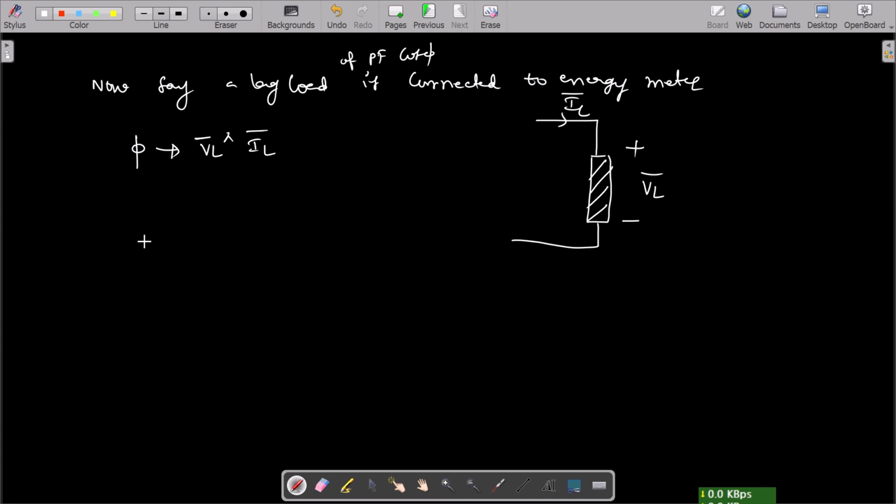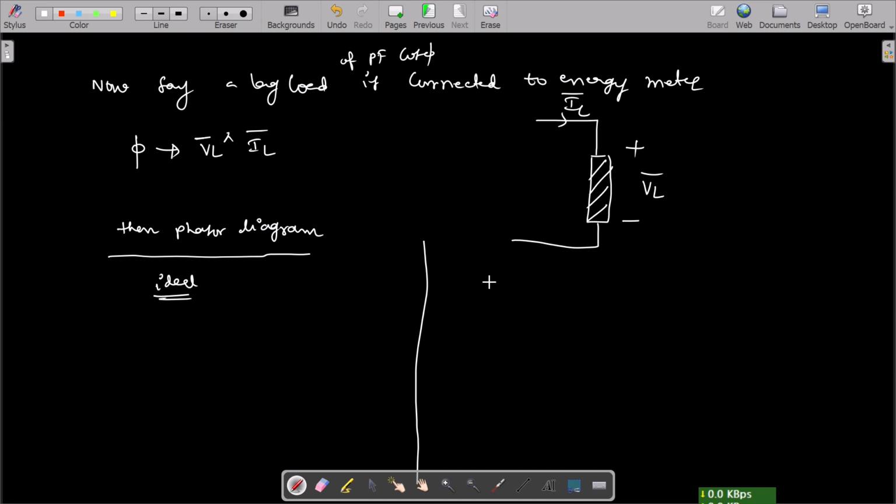Then the phasor diagram can be written. And we are going to have two cases. Okay, ideal case and practical case.